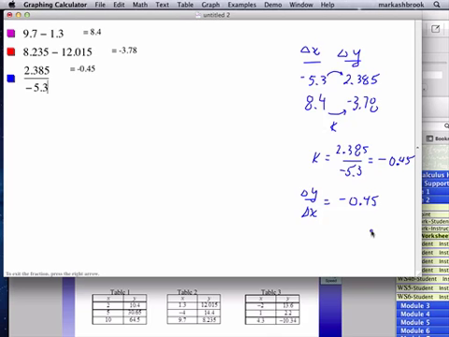Slope. Okay, we have the slope of the graph. What else do we have? Rate of change. What kind of rate of change? Constant. That's what we talked about Friday. So if the changes are proportional, if you always have delta y the same relative size to delta x, in this case negative 0.45, then you have a constant rate of change. And we have the slope of the graph.